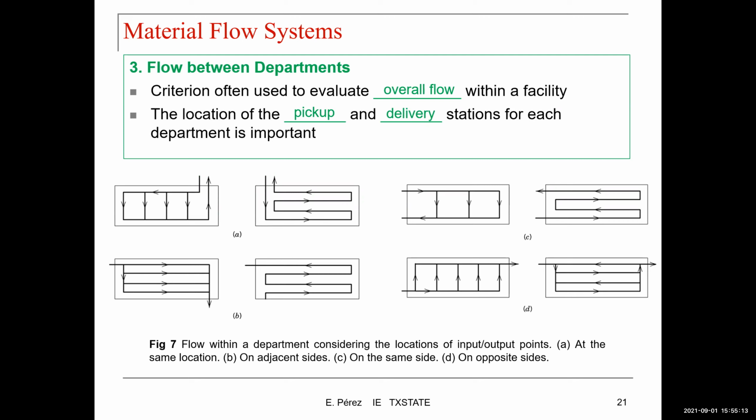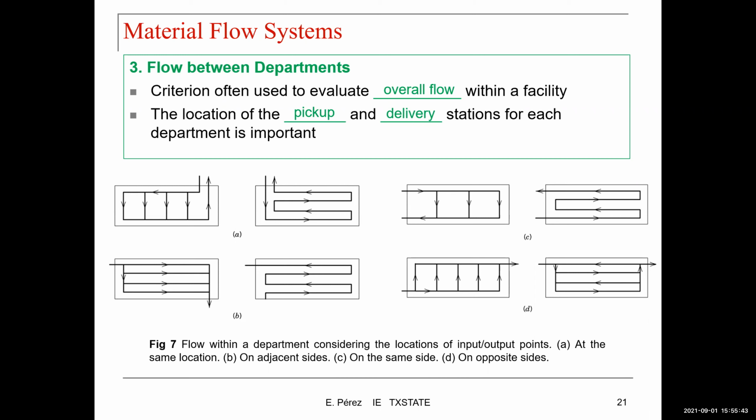Well, let's say this is your final department for a process, you want to make sure that you're close to the docks for shipping. Knowing where those are located and knowing the flow will help you align your process, so when you finish the process, you can take the product easily to the shipping area.